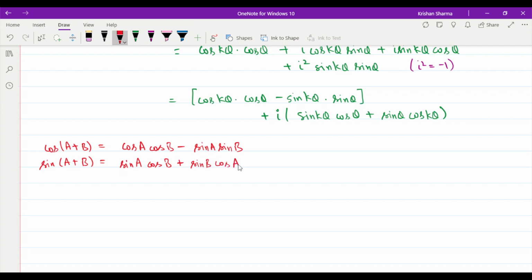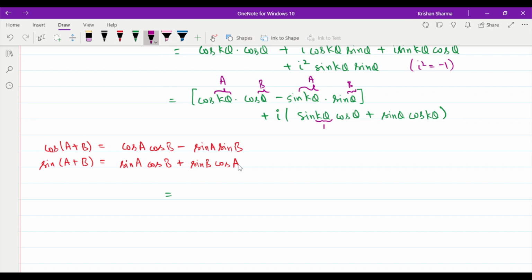So if you apply them, in the first term this becomes a and this becomes b, and this becomes again a and this becomes b.